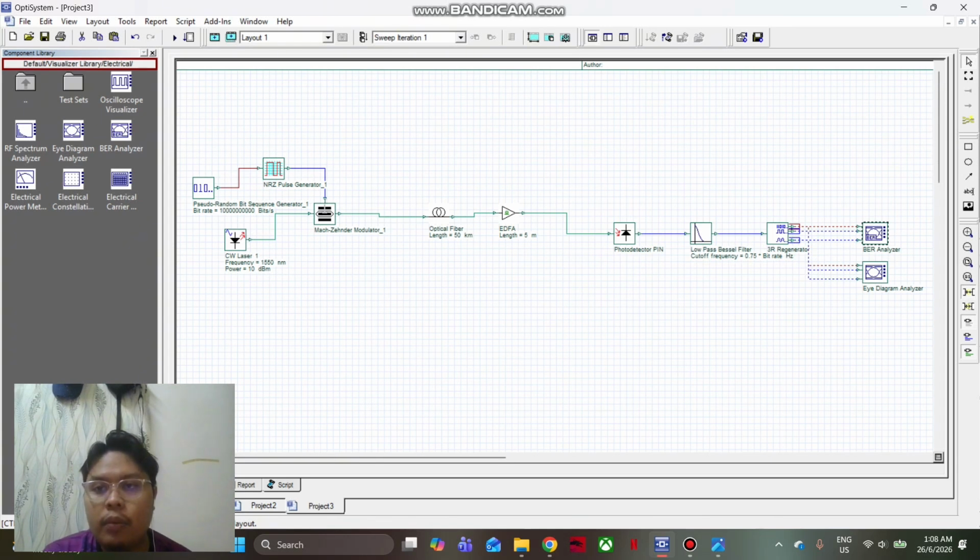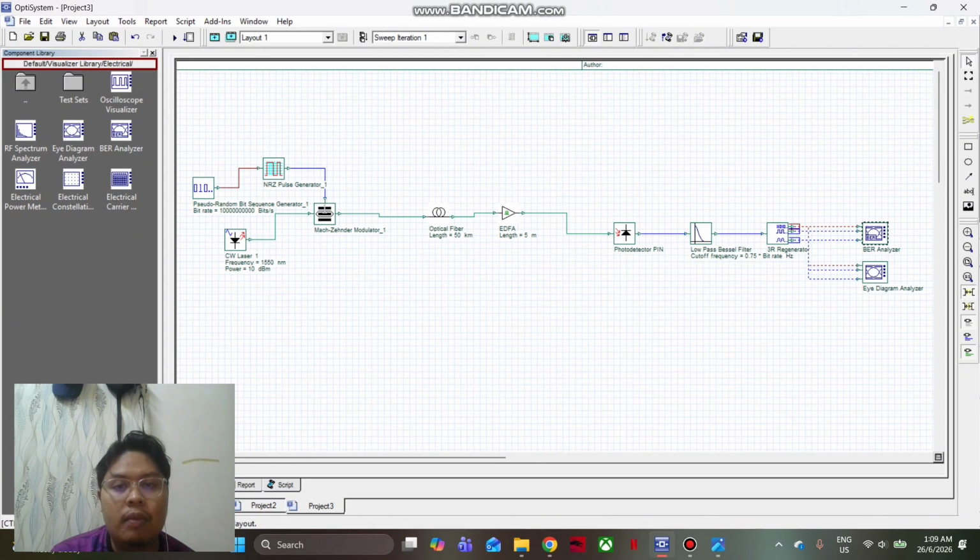What components do we use? The bit rate I set to 10 Gbps. Then NRZ pulse generator. We have a CW laser. I set the frequency to 1550 nm, power 10 dBm. We have a matching component. Then optical fiber, I set the length to 50 km.